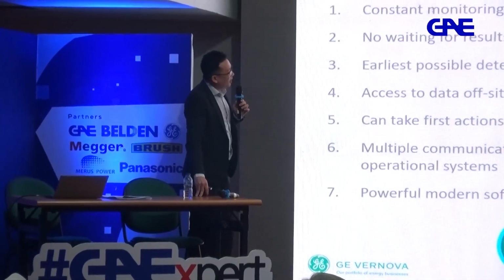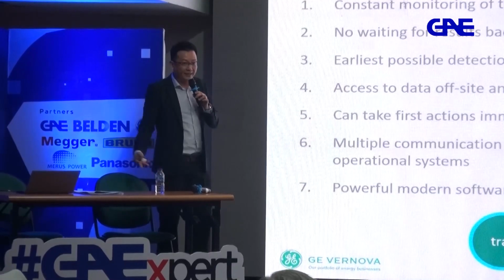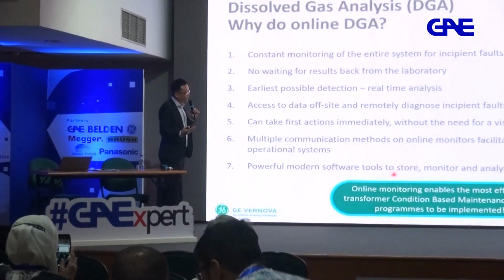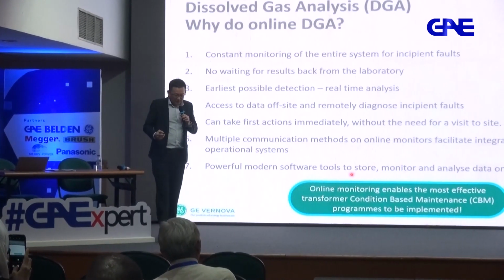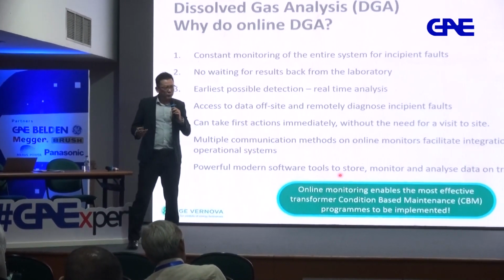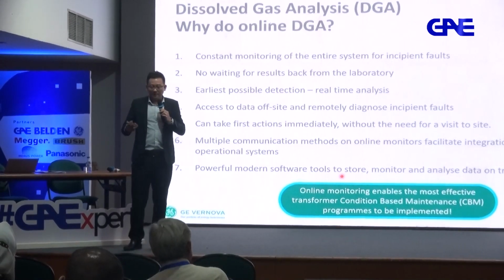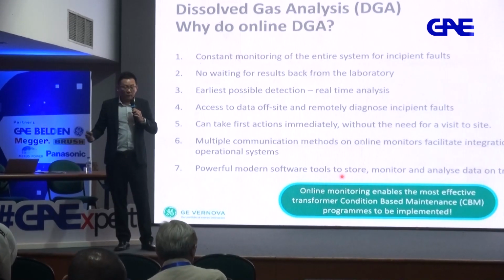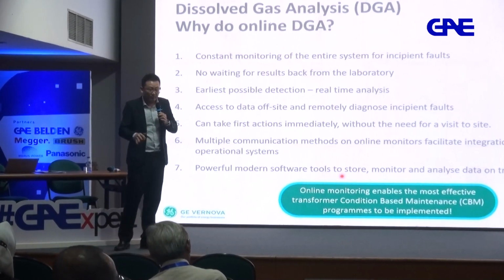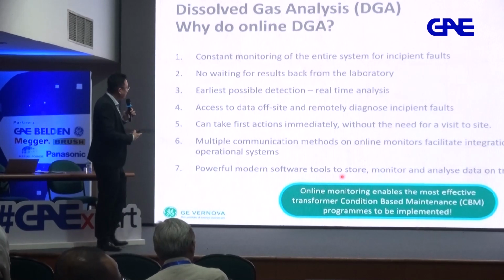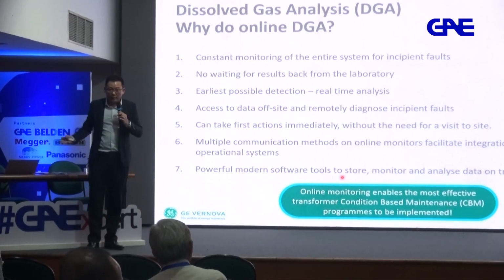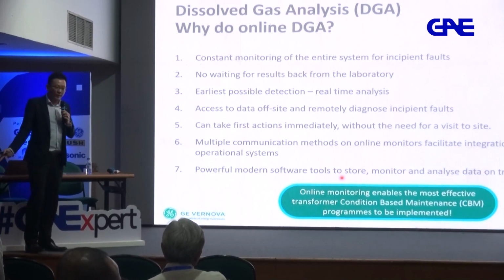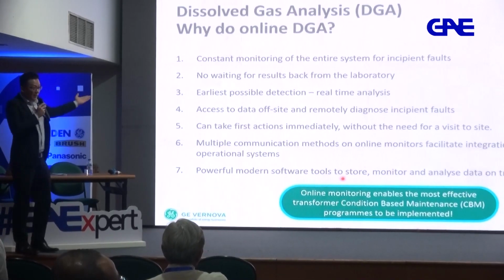So when we talk about the benefits of online DGA, you get constant monitoring of the entire system for incipient faults. With offline, we usually draw the sample and send it to the lab for analysis, which takes some time. With online, you're always monitoring, so you don't need to wait for the result from the laboratory.